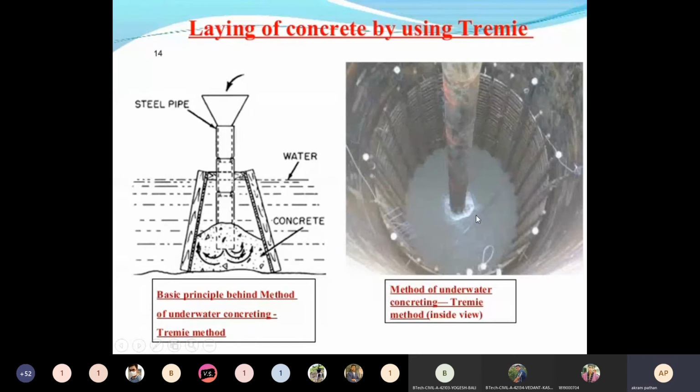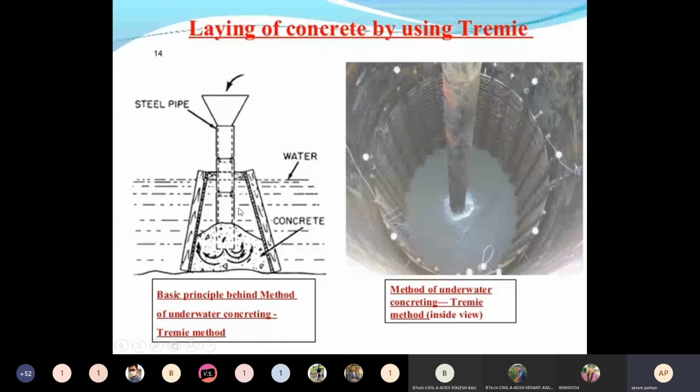Then concrete having a very high slump value, about 150 mm to 200 mm, is poured in. When the whole length of the pipe is filled with concrete, the Tremie pipe is lifted up, the plug gets a slight jerk, and the concrete is discharged.